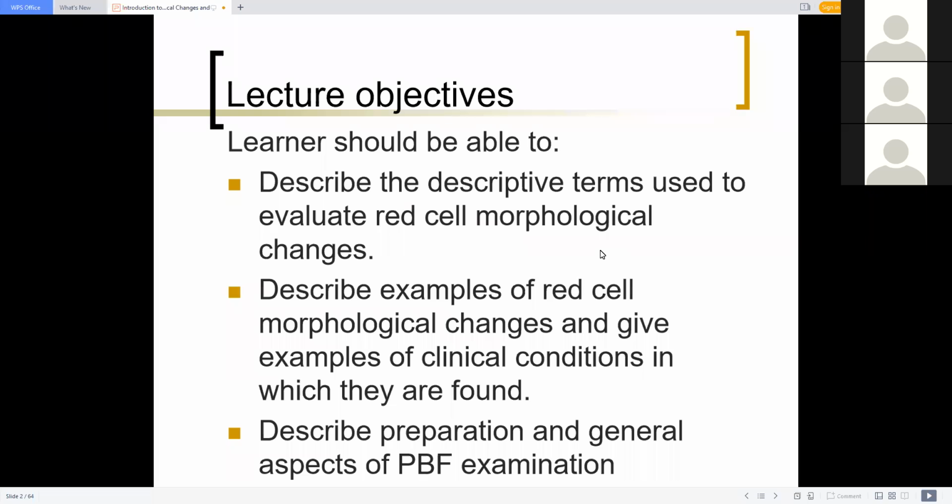A good example of a disease condition that you may know, like for example, a hematological disease, is sickle cell disease.